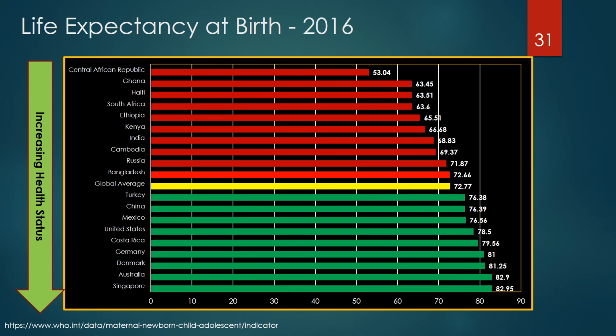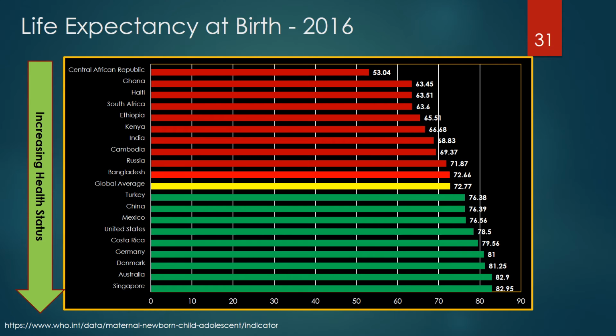This is an example of the World Health Organization's life expectancy at birth for 19 countries in 2016. The global average was 72.77 years, the gold line. As previously mentioned, the higher the life expectancy at birth, the higher the country's health status. Countries with the lowest life expectancy at birth for these 19 countries, indicating a lower level of health status, include the Central African Republic, Ghana, Haiti, and South Africa.